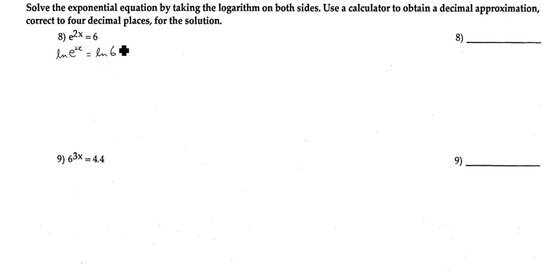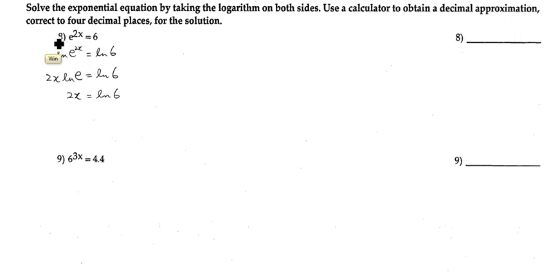And now I can bring the exponent, the 2x, to the front. And so I got 2x times the natural log of e equals the natural log of 6. What is the natural log of e? Which is 1. So indeed, we got 2x is equal to the natural log of 6.